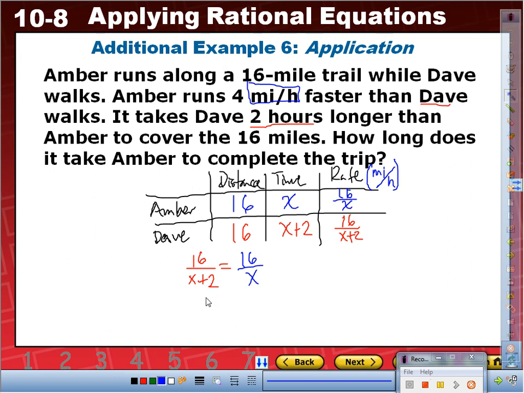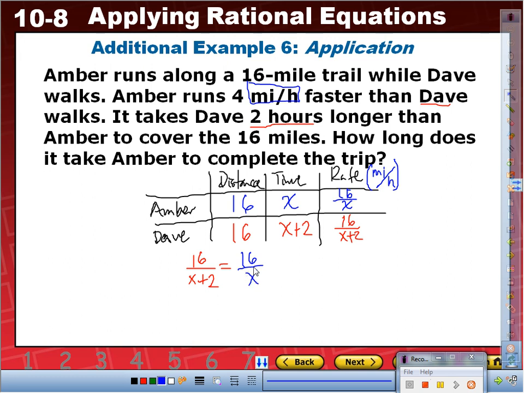However, does that make sense? Let's double check our information. This is Dave's rate. This is Amber's rate, and it's saying that they are equal. No, what's wrong here? Who took longer? Dave. So who went faster? Amber.